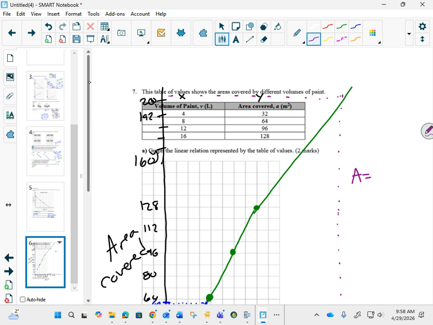Something that you go from this number and you get 64. This number, you get 32. Is it times 8? So 8 times the paint. Is it true? Check it. If you had a calculator, 12 times 8 is 96. 16 times 8 is 128. So this is my formula.